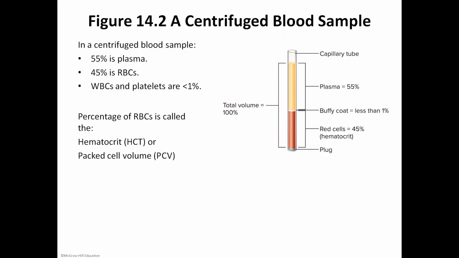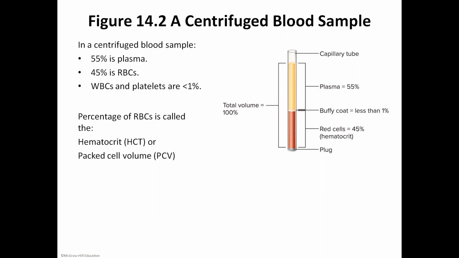And we have a great deal of plasma because plasma is typically about 90% water, but you also have electrolytes, proteins, and clotting factors found within this plasma portion. The total percentage should be 100%.